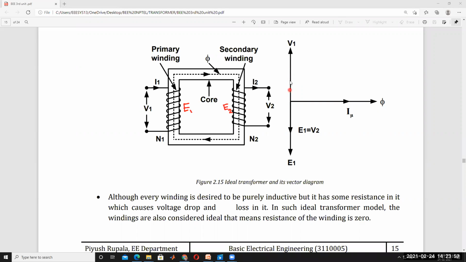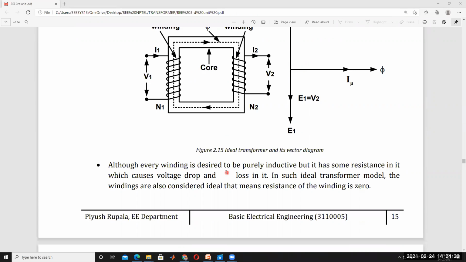So E1 exactly lags the supply voltage by 180 degrees. The angle between V1 and E1 is 180 degrees; the counter EMF is exactly opposite to the supply voltage.